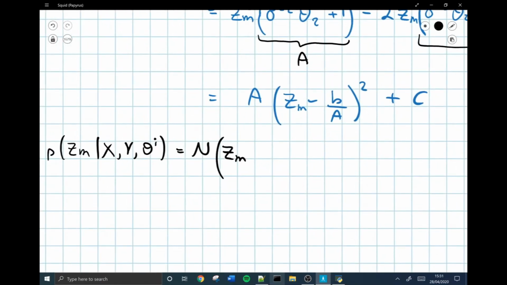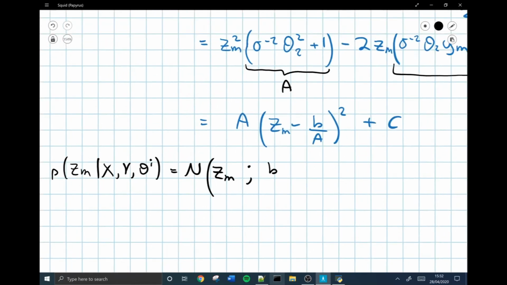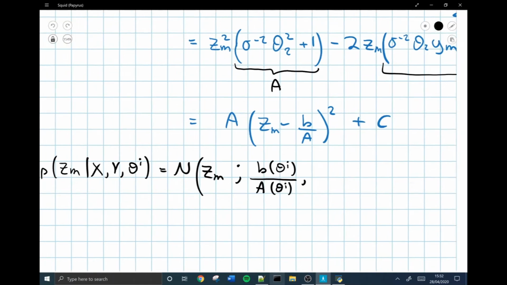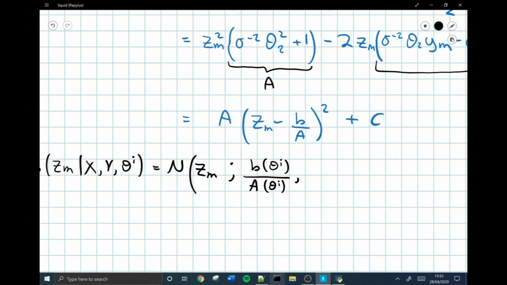So it's a normal distribution, this posterior, the argument is Zm, and it's got mean B divided by A. Both of these depend on theta. They have thetas in them. So this is B with theta fixed equal to theta I, divided by A with theta fixed equal to theta I. And then the variance is 1 over this, so we'll just write A theta I to the minus 1.